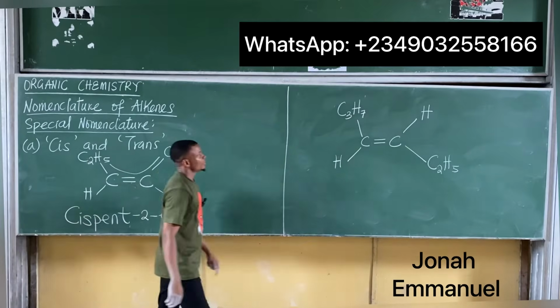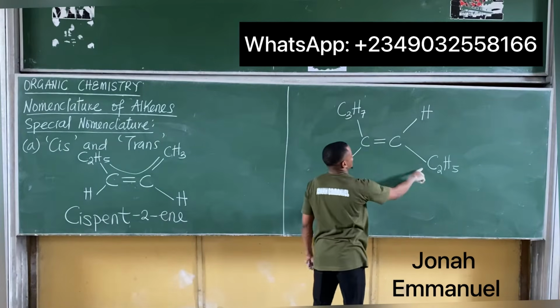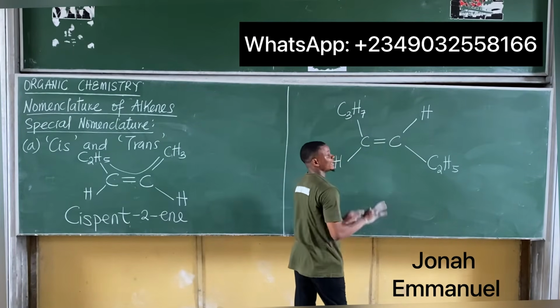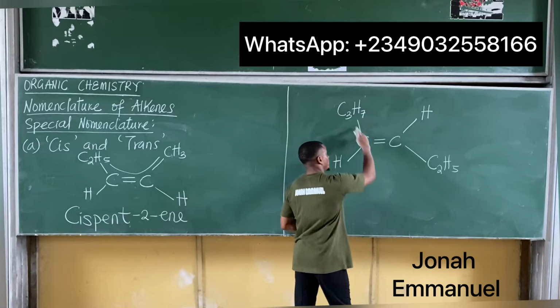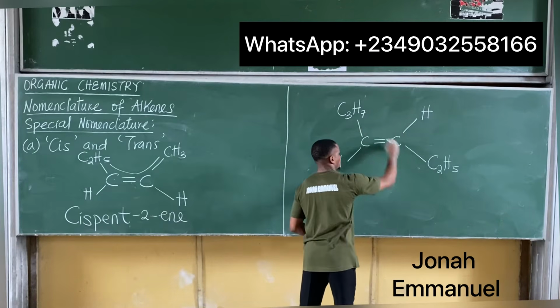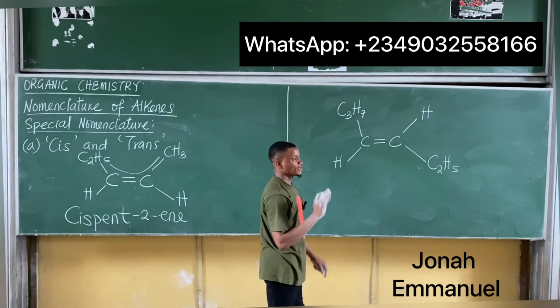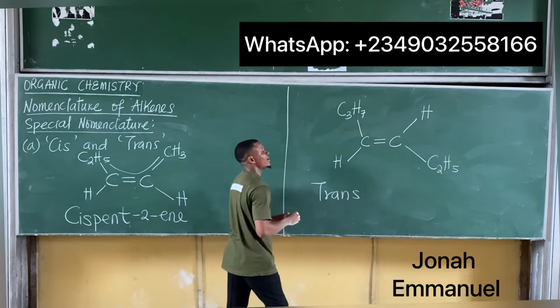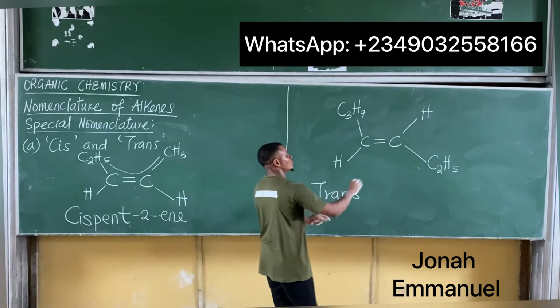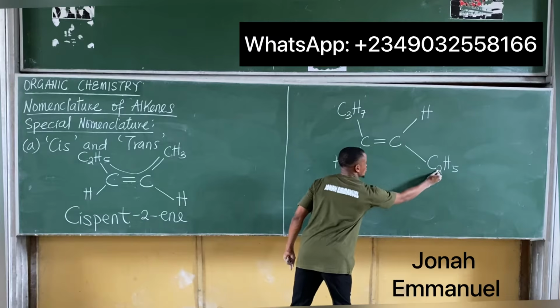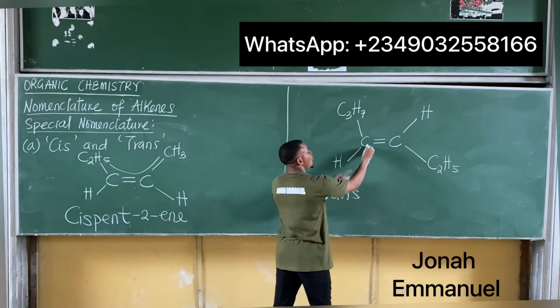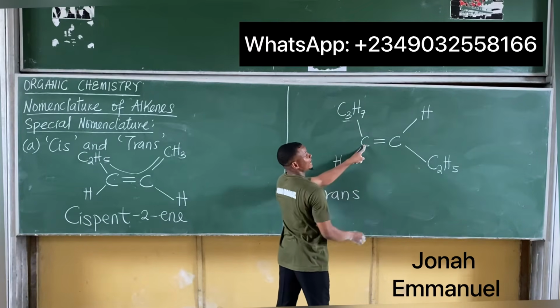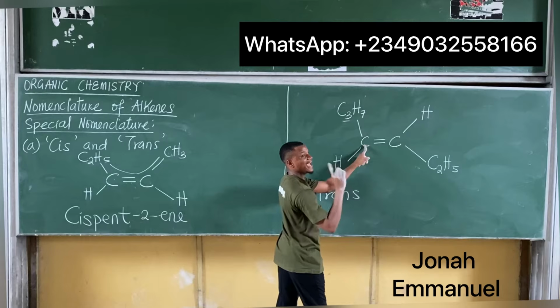That's simple. In a case like this, where they are at opposite ends, it becomes trans. Here and here, opposite. If you follow it and form a T, as we did in the previous class, it becomes trans. Trans what? Count the total carbon atoms: 1, 2, 3, 4, 4 plus 3, that's 7. 7 is hept.